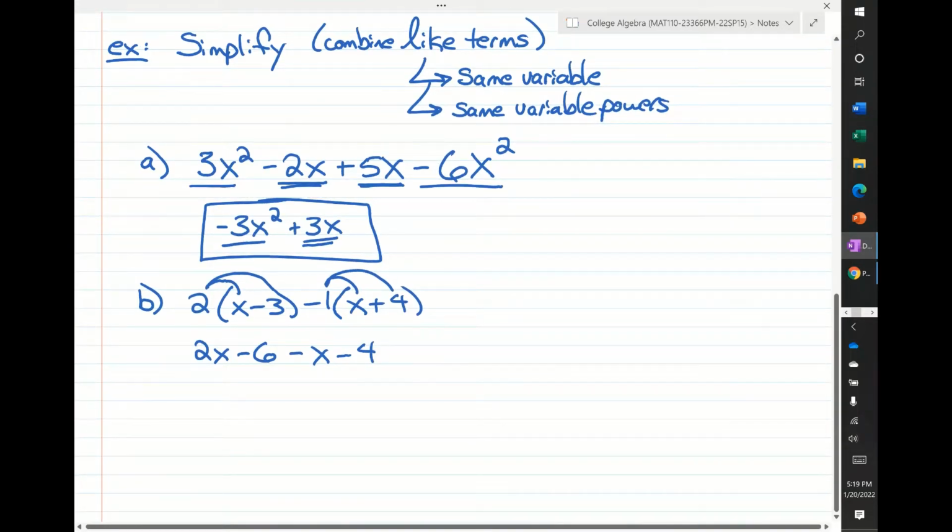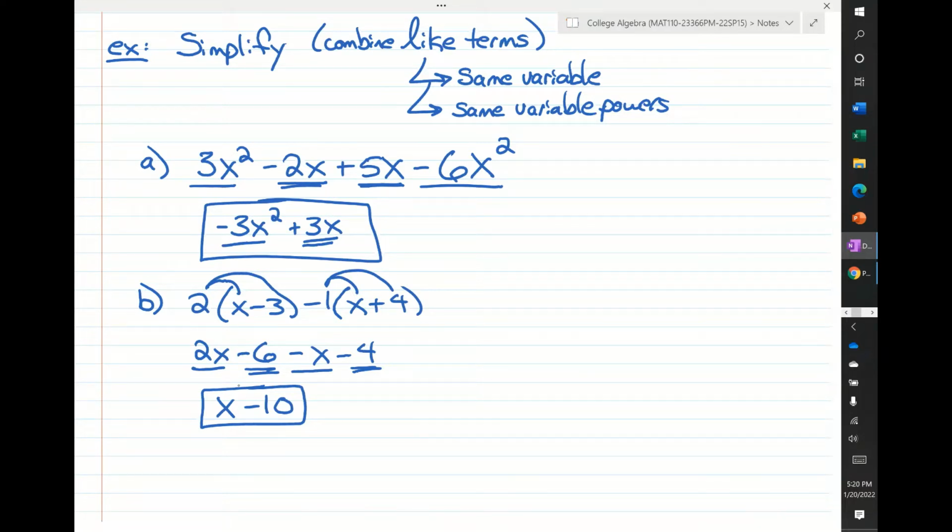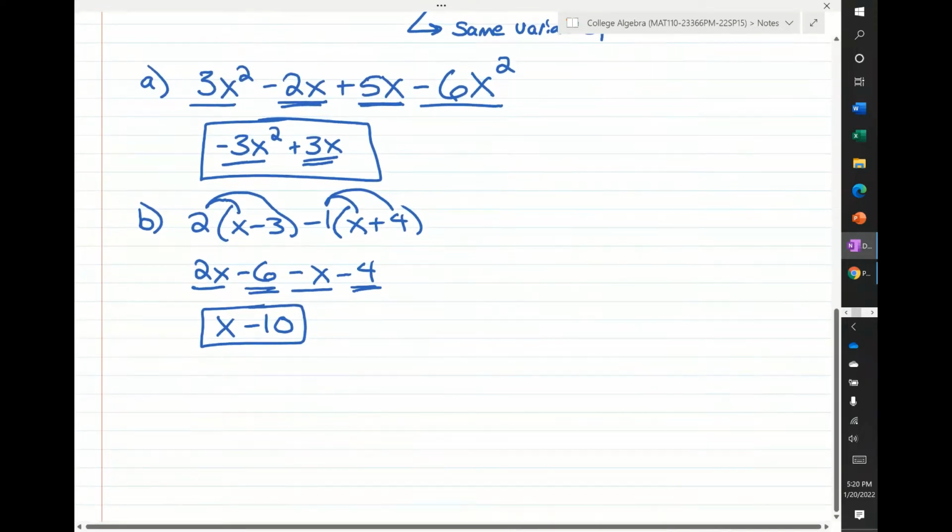Once we distribute, we look to see what are like terms. We have x to the first, 2x minus x is 1x, negative 6 minus 4 is negative 10. That is a simplified expression. That's what we're talking about when we say simplify.